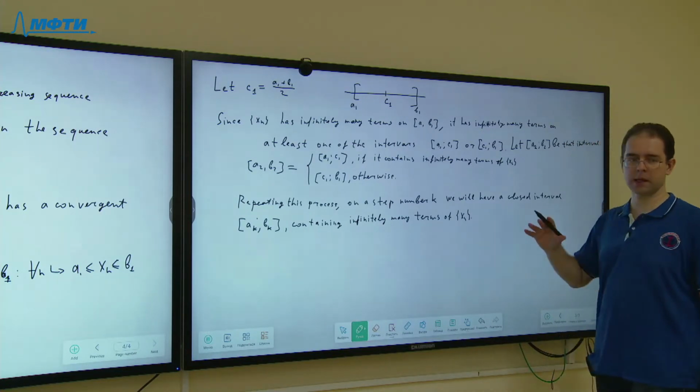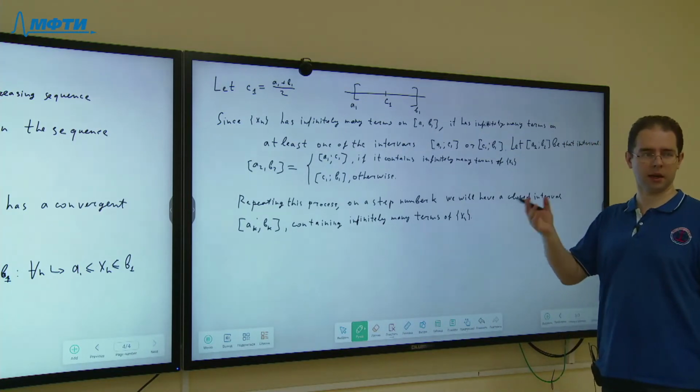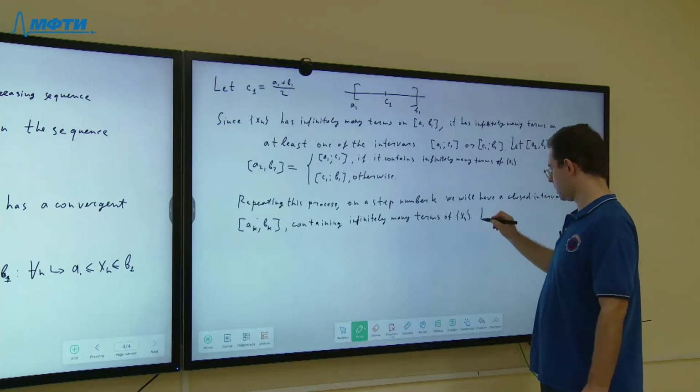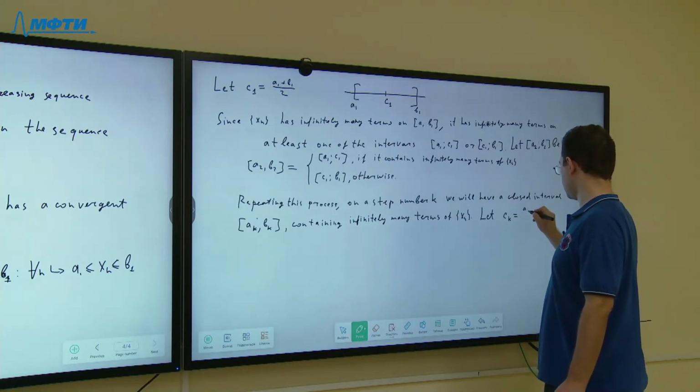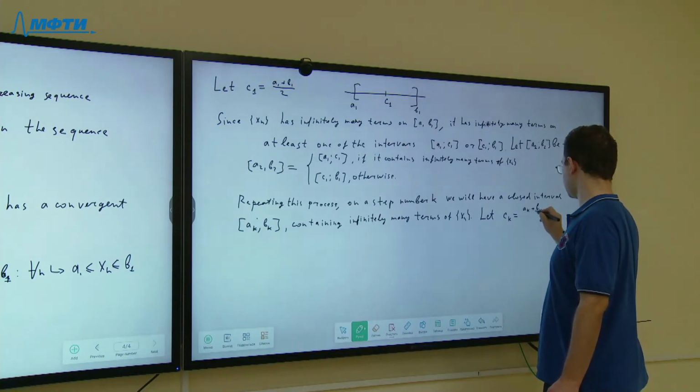I will once again cut it in half. Let CK be AK plus BK divided by 2.